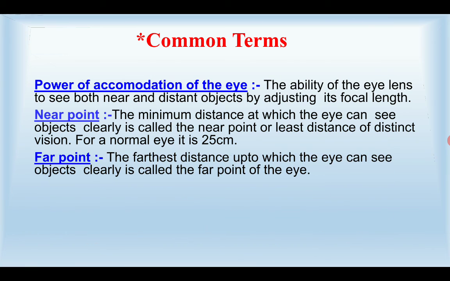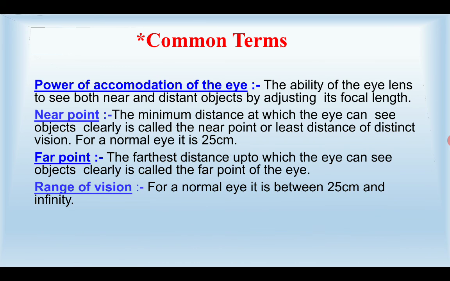The far point is the farthest distance up to which the eye can see, and we know that this is infinity. Now this is infinity because the distance of a far object is very far as compared to the focal length of the eye lens. That's why the far point is taken as infinity.